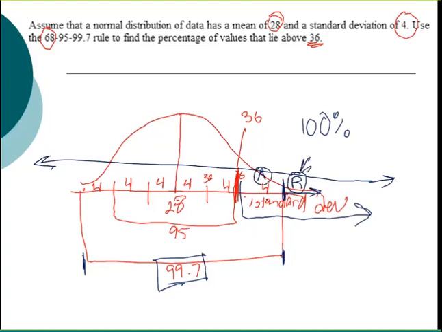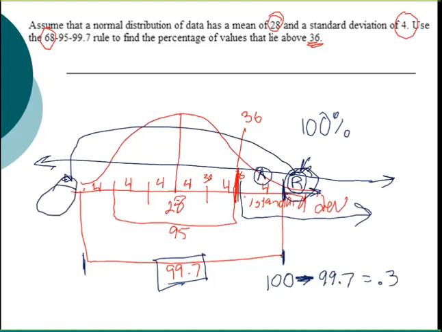To figure out what this amount is, what I need to do is take my 100% and subtract the 99.7% that everything else is in here. Okay? If I subtract this amount, I'm going to end up with 0.3. Well, 0.3 is this side and this side together, because the leftover amount includes here and here. So in other words, I need to divide this by 2, okay?